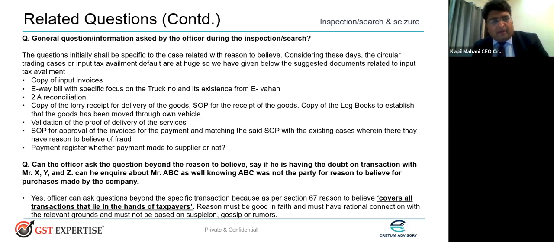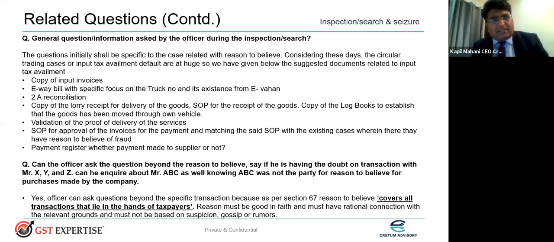Professionals who are more aligned with these inspections, your own accountant and the person more involved in GST compliance, should be present, so that you do not reply to questions which are not required, and reply only to those specifically required.